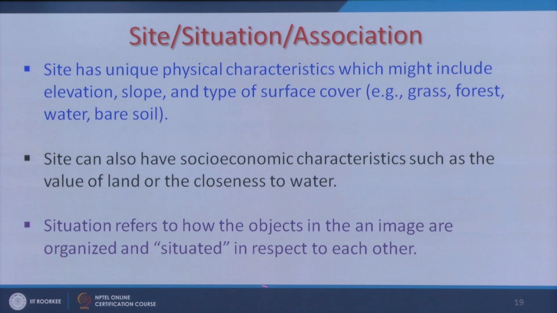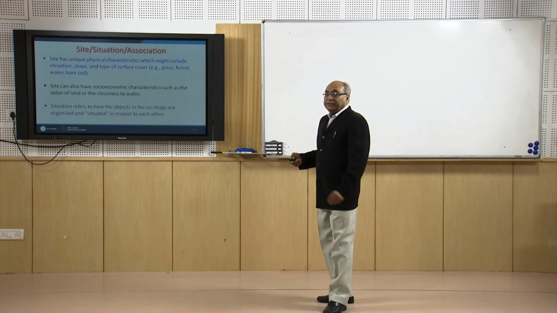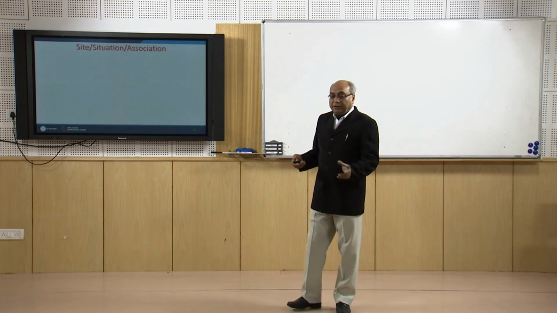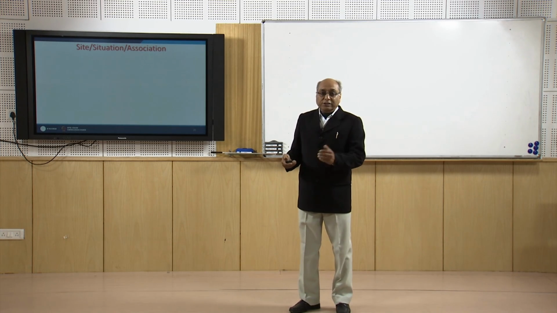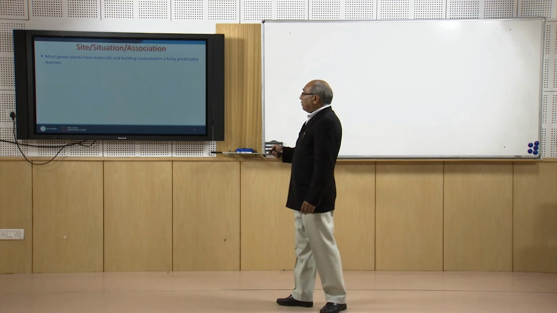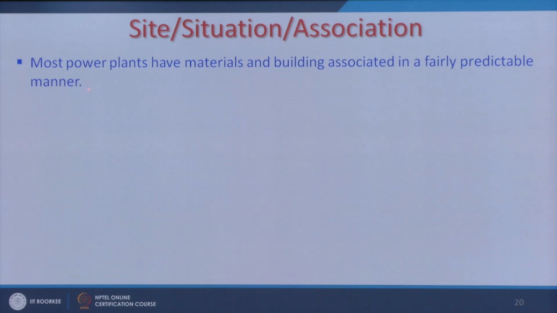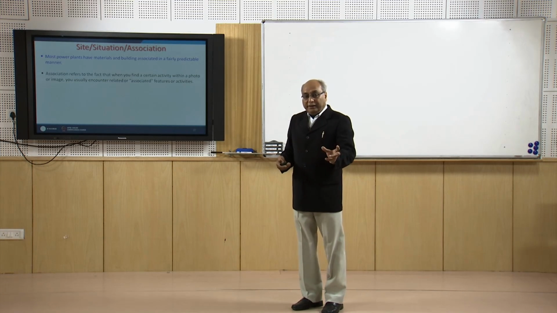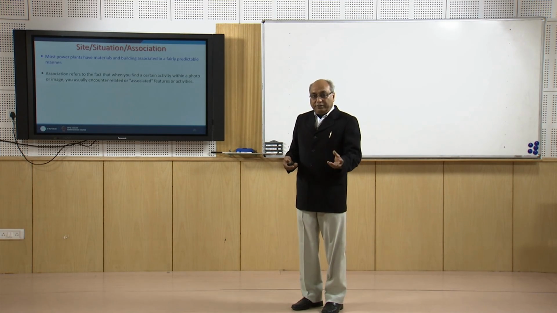Situation refers to how the objects in an image are organized and situated in respect to each other. So their association is very important. I gave the example of beaches, which are generally associated along the sea or along large lakes. Most man-made structures, like power plants, have materials and buildings associated in a fairly predictable manner, and this is how you make the interpretation that this might be a power plant, or a cement factory.